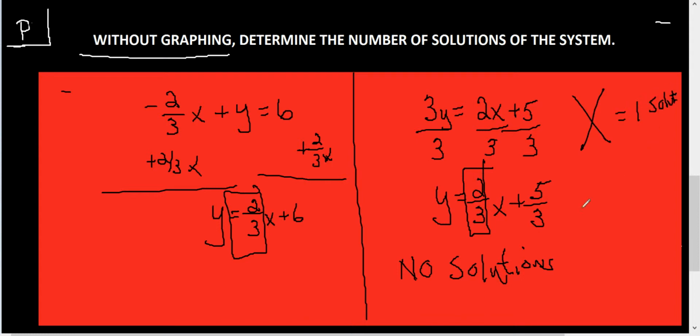If the lines are parallel, that equals no solution. And if they're the same line on top of each other, that indicates many solutions. All numbers are solutions. All real numbers. Okay, and I think that's it for 4.1.